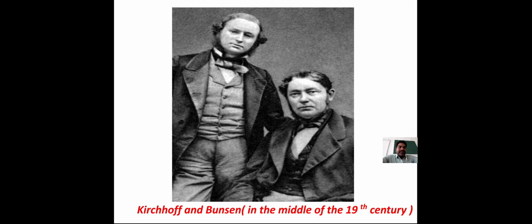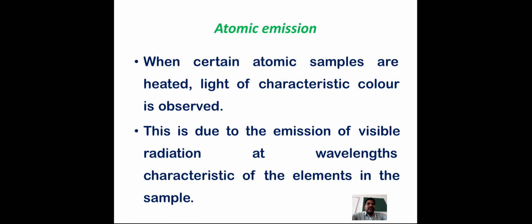Kirchhoff and Bunsen, in the middle of the 19th century, studied the different colors exhibited by atoms when burnt on a Bunsen flame. When certain atomic samples are heated, light of a characteristic color is observed.